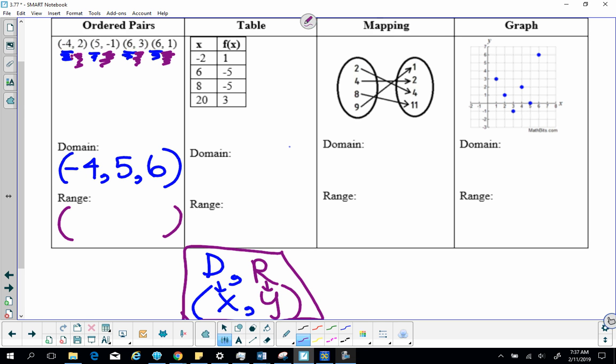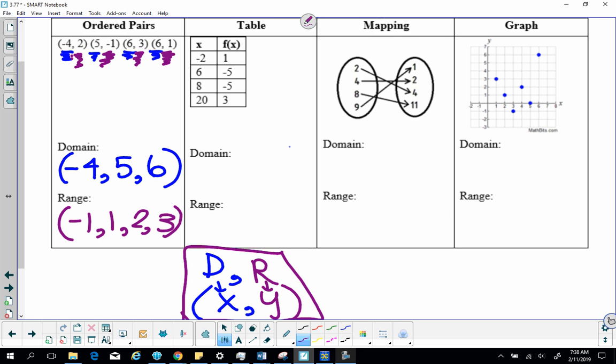So out of those numbers, which one's the smallest? -1, right? And then the next smallest, 1. What comes next? 2. And what's last? 3. So I just took all my Y coordinates and you're just putting them in order from smallest to largest. Cool. So that's identifying them from points.